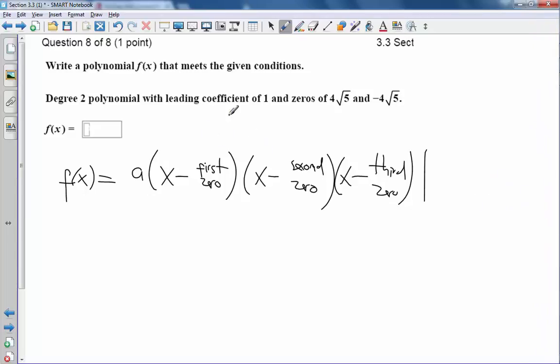In this question, how many zeros we know for sure this polynomial has? 2. So you will have only 2 parentheses, x minus the 0, x minus the other 0. That's it. So you don't need 3 pieces. Again, if you are given 3 zeros, you will have the 3. If it's 4, 4. If it's 10, you will do this 10 times.